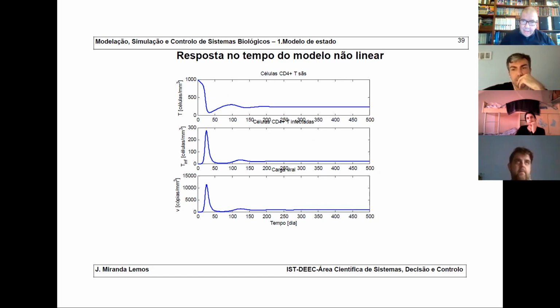Okay. So maybe you haven't learned anything about mathematics for biology, but now I've shaken your beliefs that the healthy state is a stable thing. No, it's unstable. And illness is an unstable thing. No, it's stable. That's the problem.